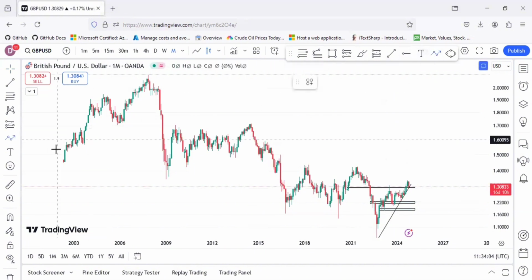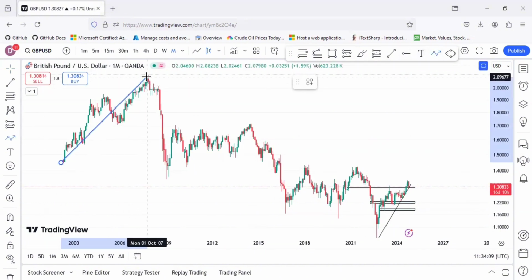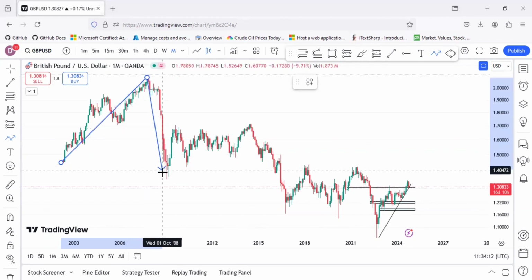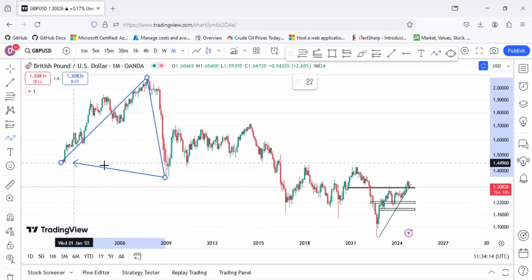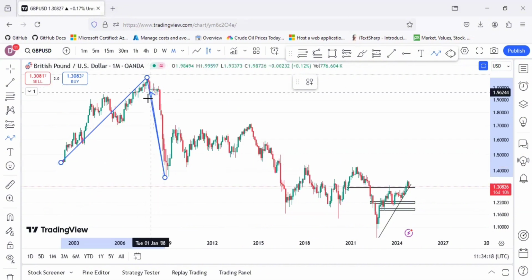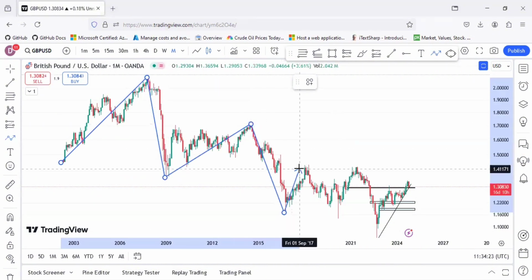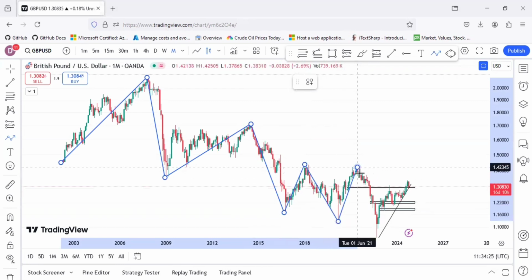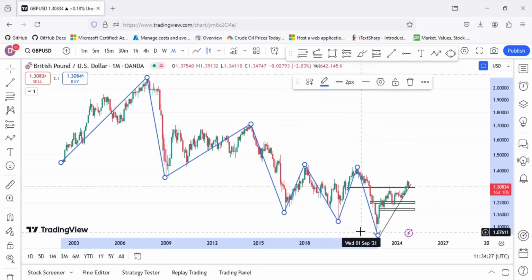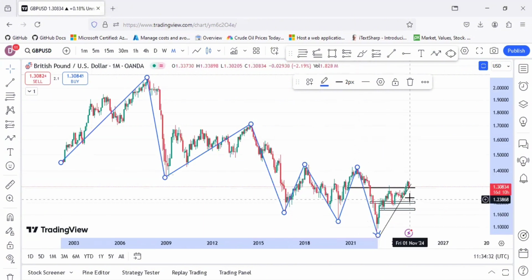Because if you look at it from here, the market starts from here, low, higher highs. Then it comes back to this place and gives us a low. You know, it broke this particular low, so this one now becomes a low. Then it gives us a lower high, a lower low, lower high, lower low, lower high, lower low. Okay, so if you look at the direction of the price, you can see that we're in a downtrend.